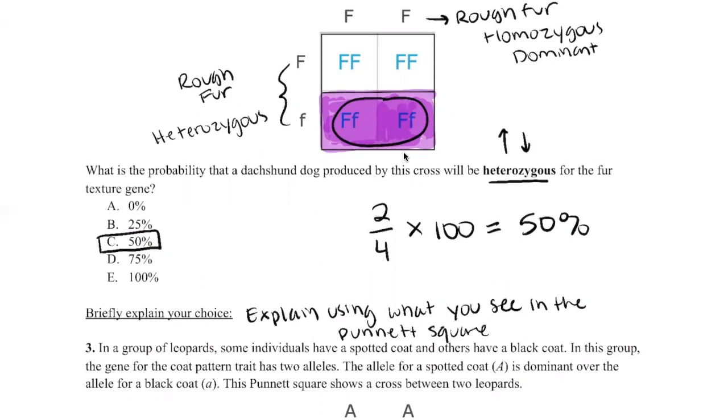Okay, so that one is instead of using a fraction, now we're using a percentage. The percentages are always the same though. So 0 represents 0 out of 4, 25% represents 1 out of the 4, 50 represents 2 out of the 4, 75, 3 out of the 4, and 100 represents 4 out of the 4 boxes.